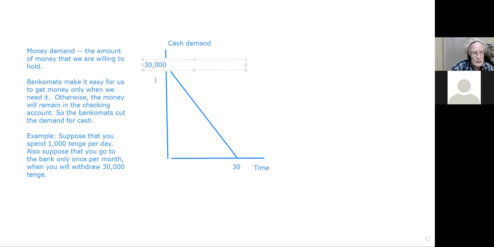Here is 30,000 tenge. So your average money demand over the month is 15,000 tenge.